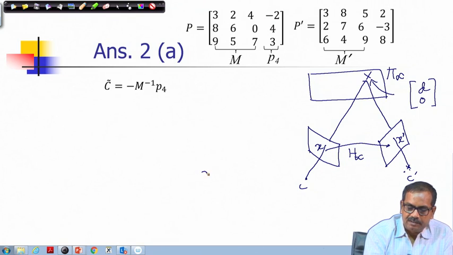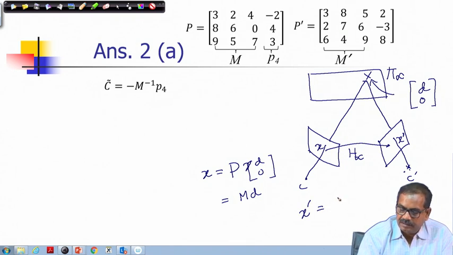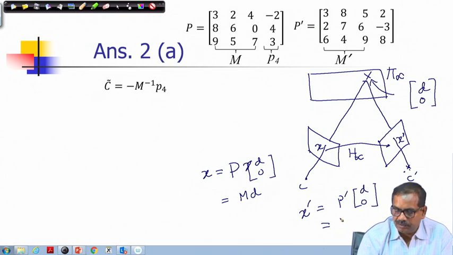So, x can be written as P (d, 0), which is equal to M d, and x prime can be written as P prime (d, 0), which is equal to M prime d.